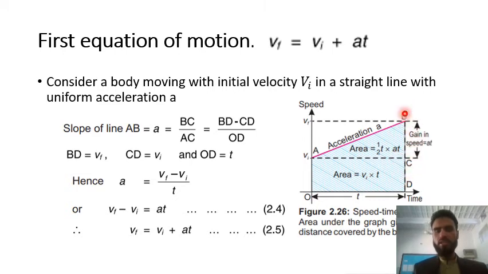So this line is actually equal to the BD line, this total line, minus the DC line. If we subtract this portion from this total line, we will be left with the BC line, this one. So BC is equal to BD minus CD. Now AC, this is the AC line.